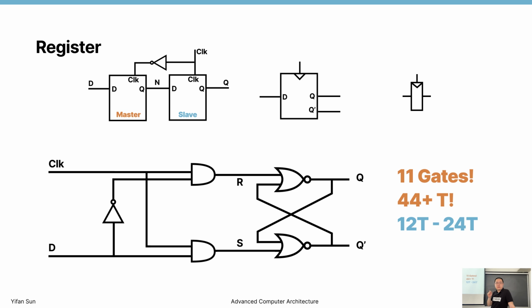So 6 transistors is the minimum requirement to remember 1 bit in a digital circuit. But a register in a core, like the one you write as R1, R2, typically requires at least 12 transistors, and sometimes more, up to 24 transistors.